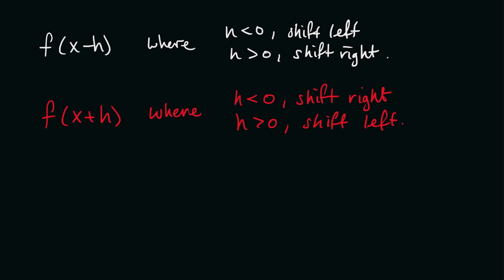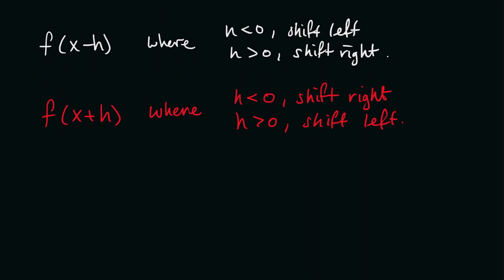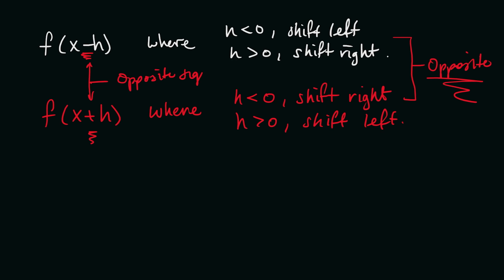So these two here are opposite of each other just because we have this sign change, and these are also opposite as well, just because these are opposite signs. The conditional statements are also opposite of each other now. So that is also a different way to think about it.